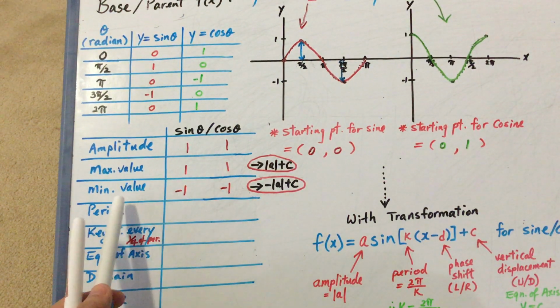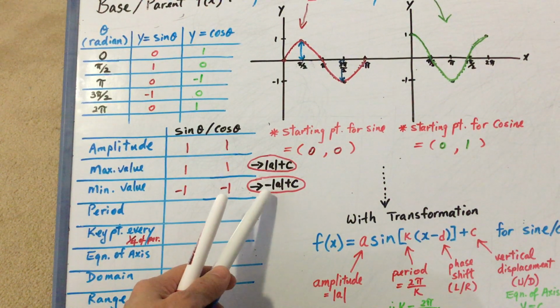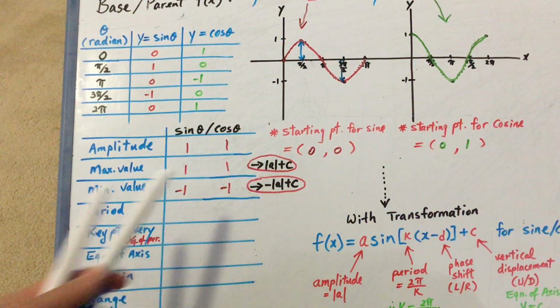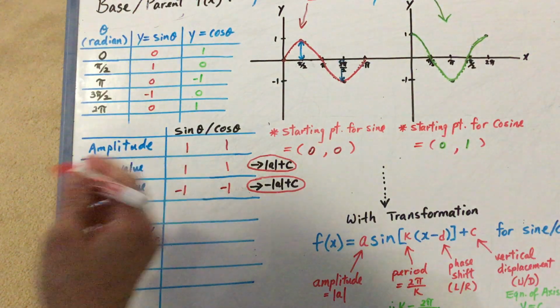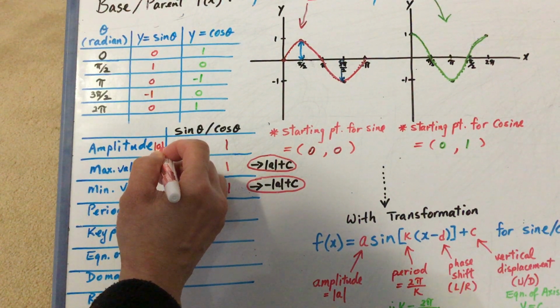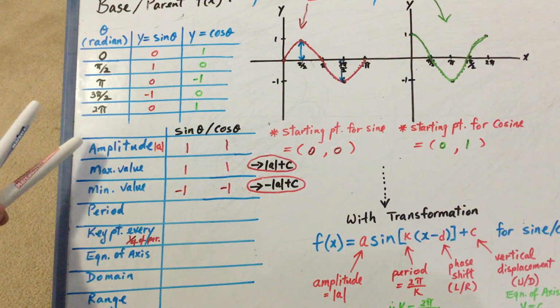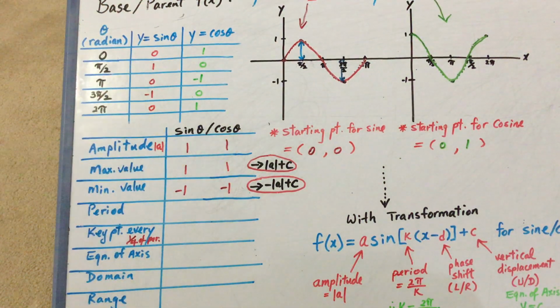To get the minimum, it's minus the absolute value of a, plus the c. And a really is the amplitude. You can also remind yourself that the amplitude is always the absolute value of a, because we're talking about length, so the vertical length cannot be a negative number. That's why we put in the absolute value sign for the amplitude.